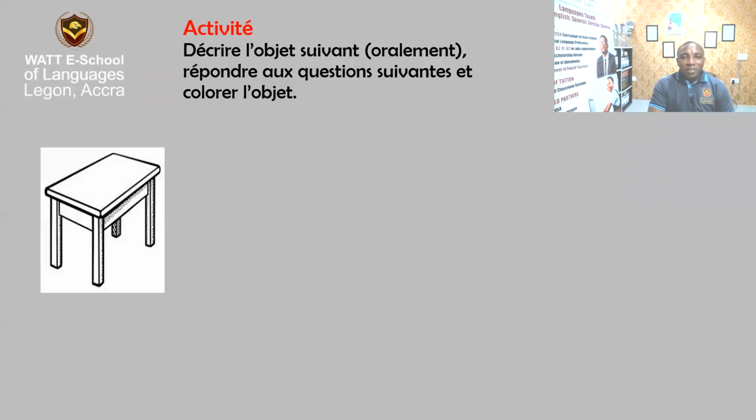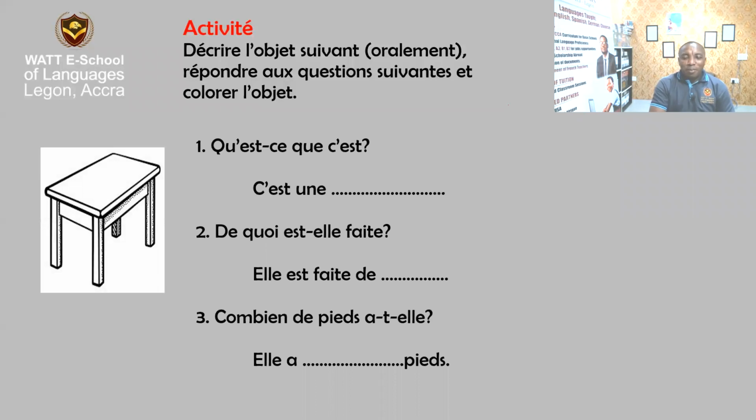We have an image here and we have questions here. The instruction says to describe the following image and answer the questions that follow. So we are going to have a look at the image and then we answer the questions. That's why I say creative writing. There's no passage here. We are going to create how to answer the question.